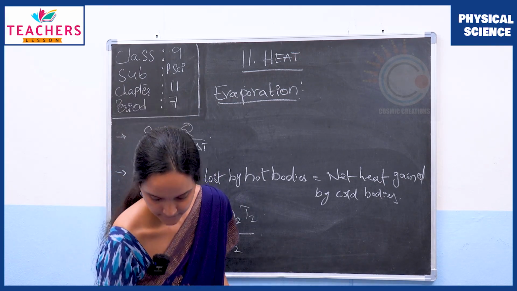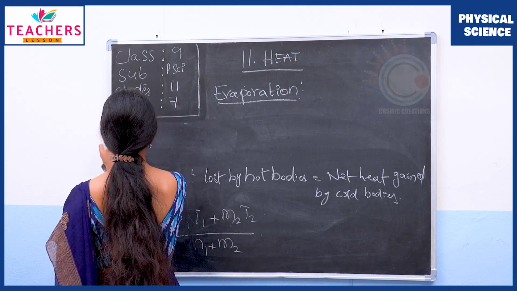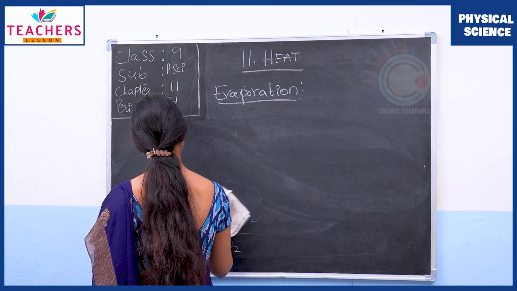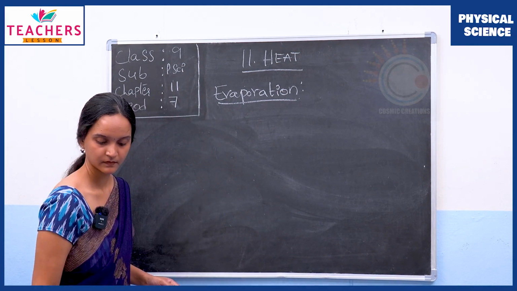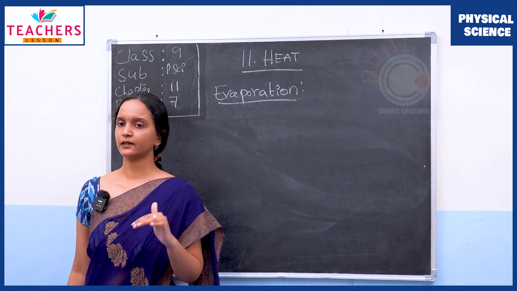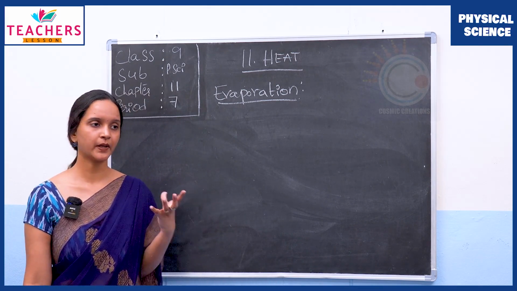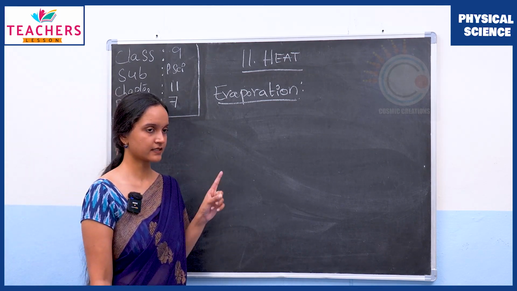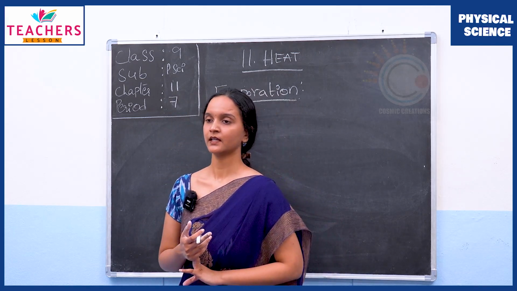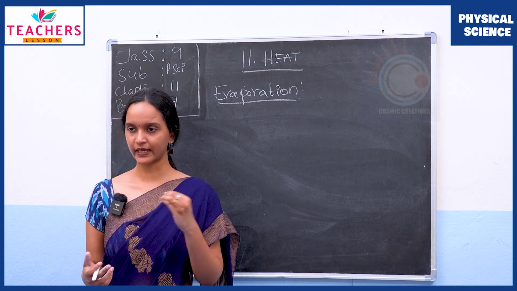Now, the rate at which any liquid evaporates depends on certain factors, like the surface area, humidity, and the wind speed. Depending on these factors, the rate of evaporation varies.